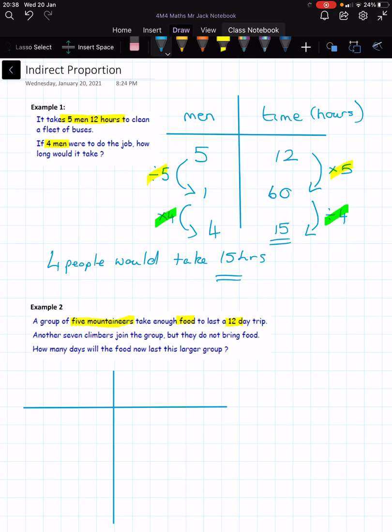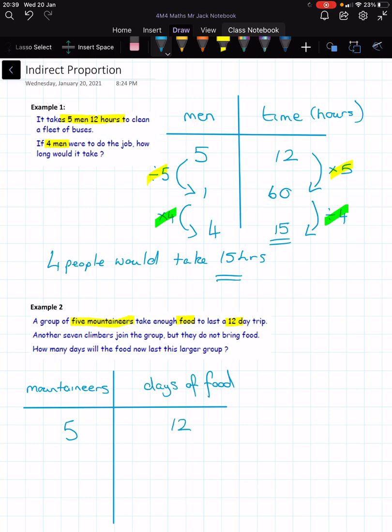We've got the word mountaineers, that's a bit of a pain. I would forgive you with this question if you just wrote people. And we'll call this days of food, because that's what it is. So 5 mountaineers, 12 days worth of food.